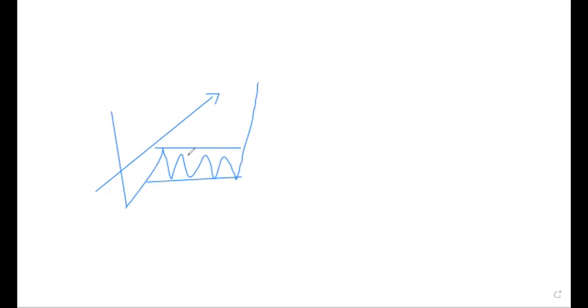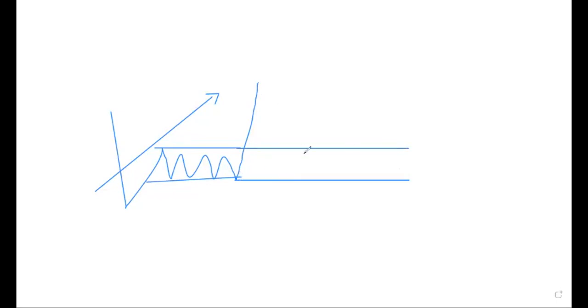So what do we expect? We expect the price to come back to this movement. This is our demand zone.